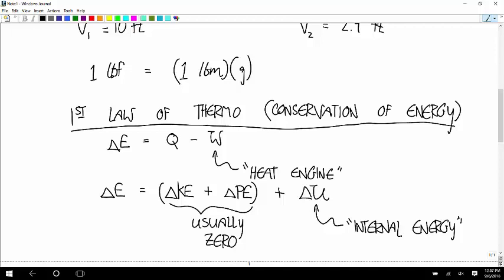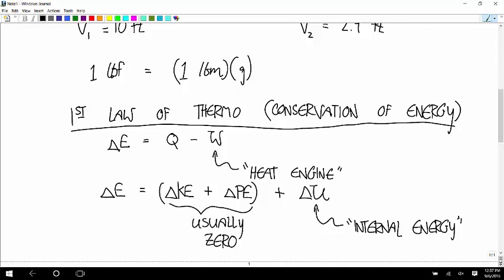If your system is a gas and you have a change in energy of that gas, you can get that whole body of gas moving, which would change its kinetic energy together. You could change the height of that gas, which would be the change in potential energy.